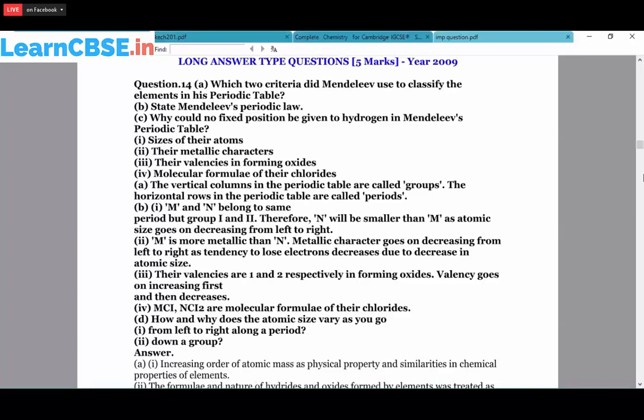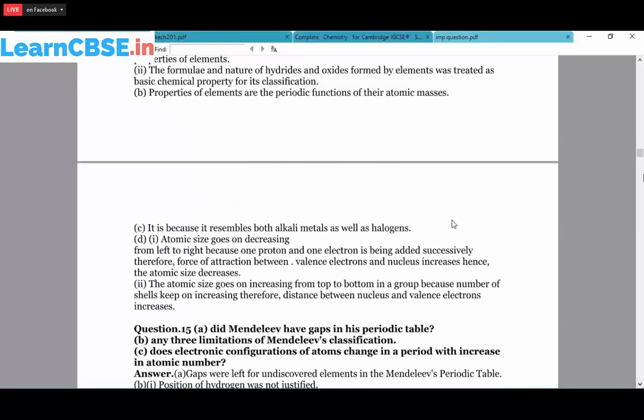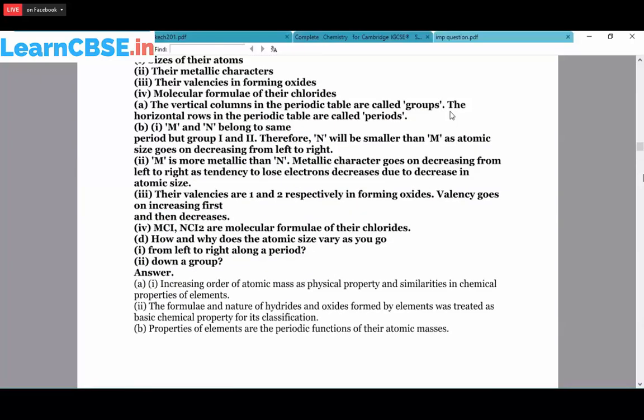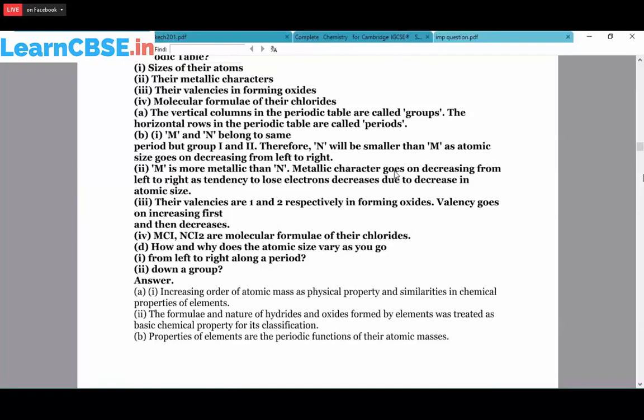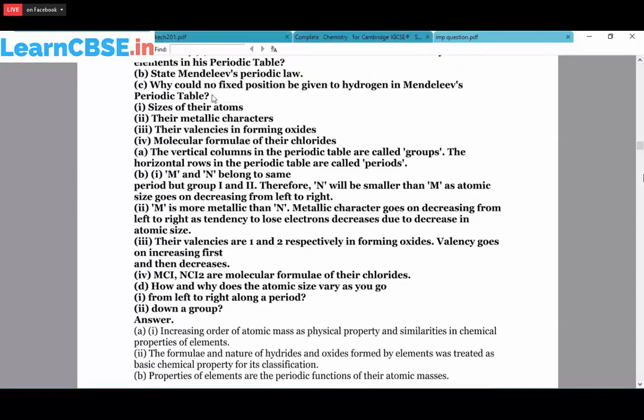State Mendeleev's periodic law: the properties of the elements are the periodic functions of their atomic masses. Next question, their valency. Why could no fixed position be given to hydrogen in Mendeleev's periodic table?